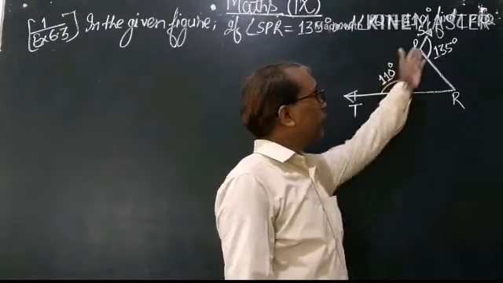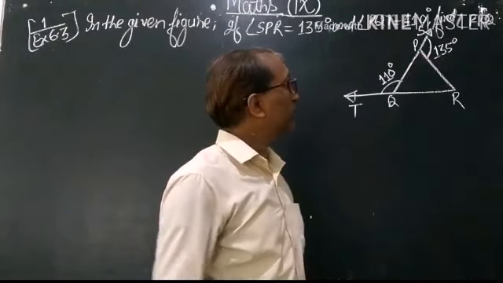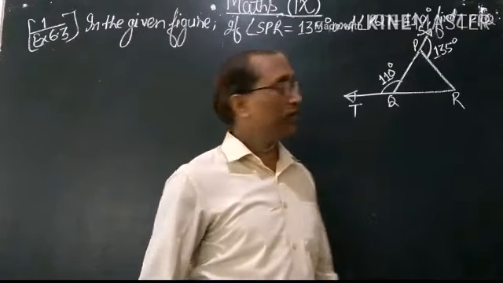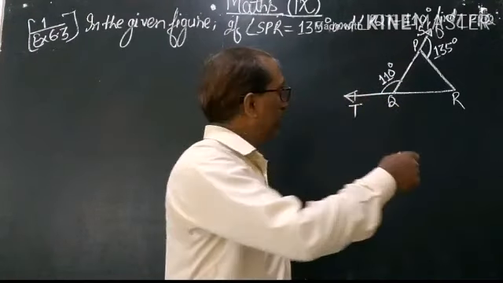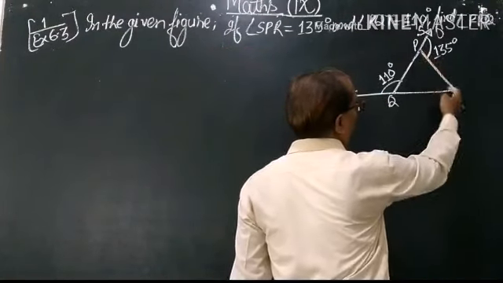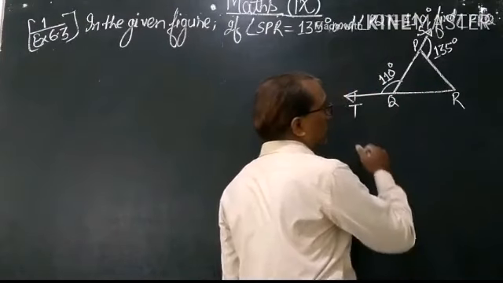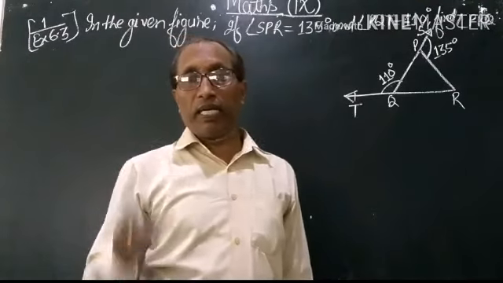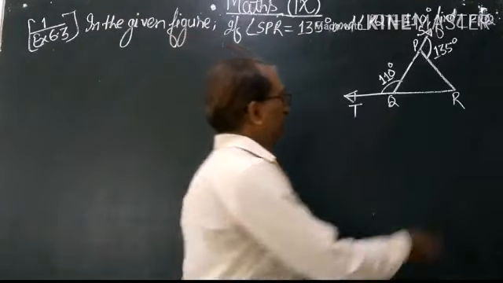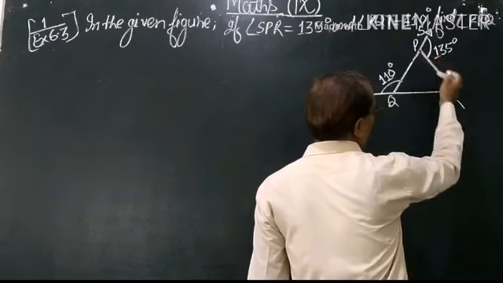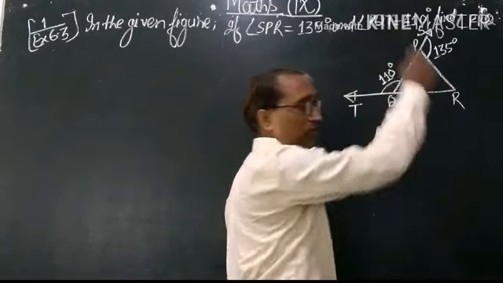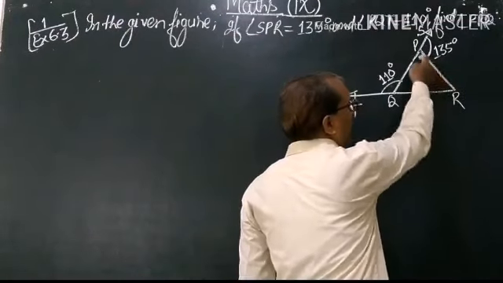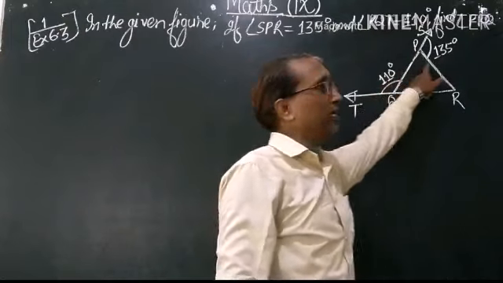When you find angle QPR, then by the exterior angle property, you also find angle PRQ, because the exterior angle is equal to the sum of the interior opposite angles.